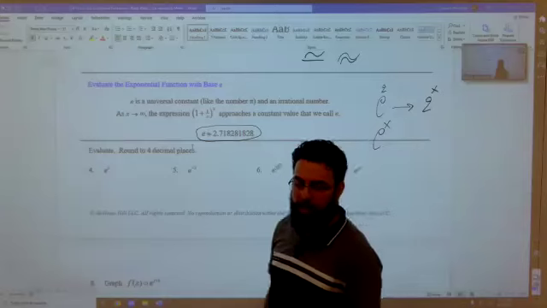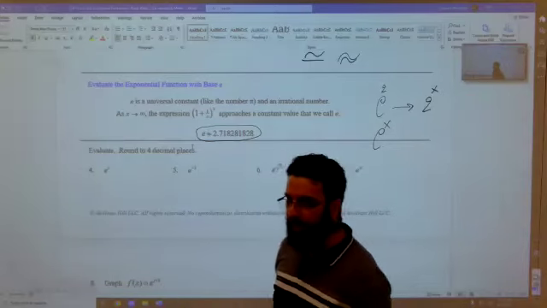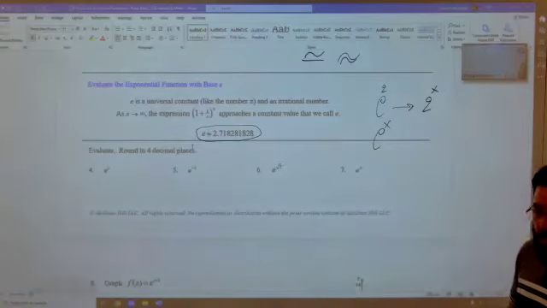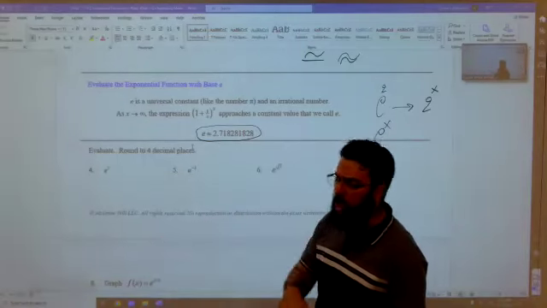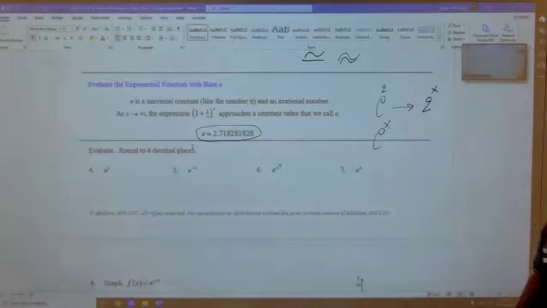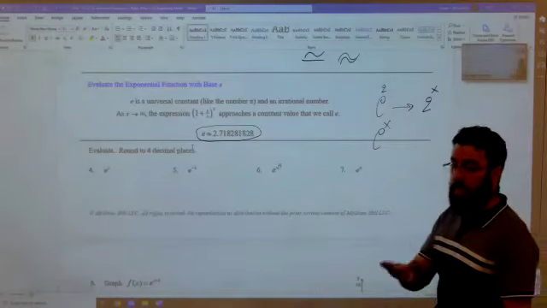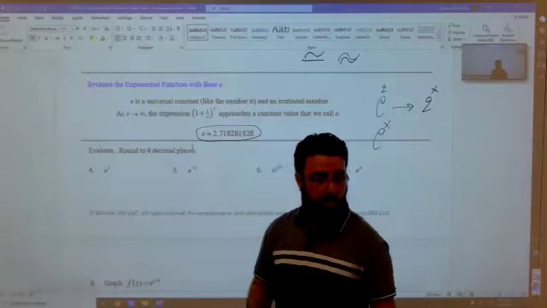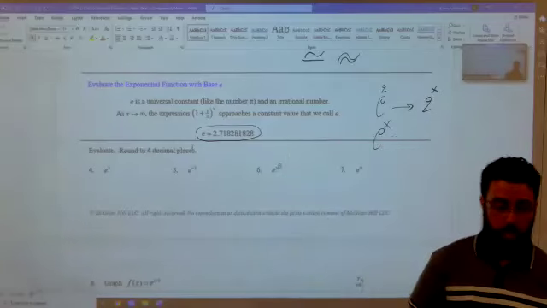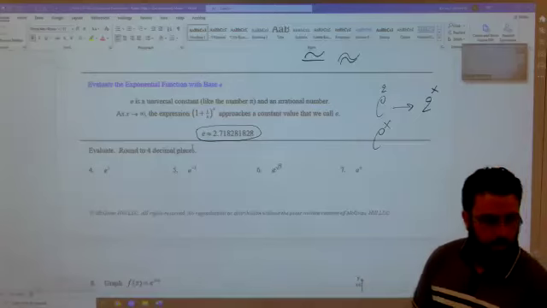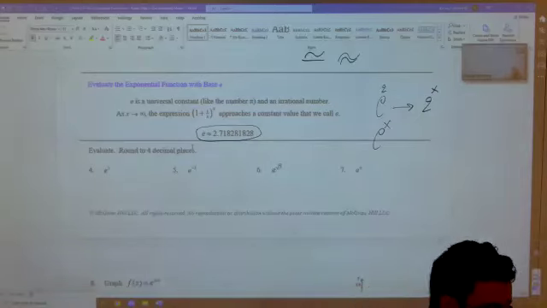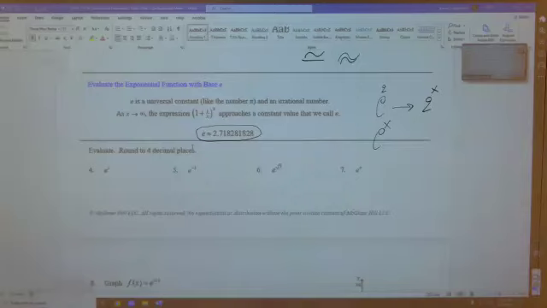So how are we going to evaluate? They ask you to evaluate using the calculator now, but then we're going to learn another way to find it. Do you know how to plug in the calculator? Based on the calculator you use. This one. But the second, you already have here.